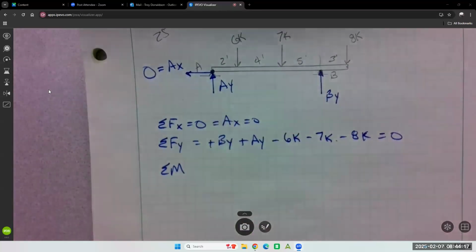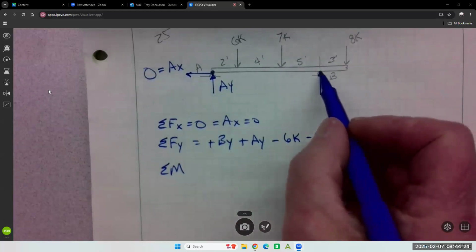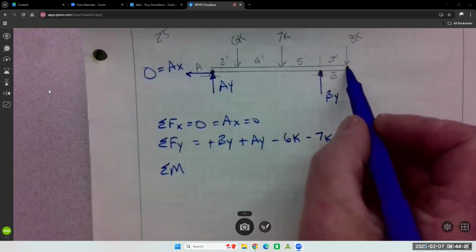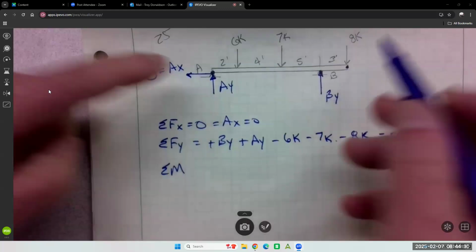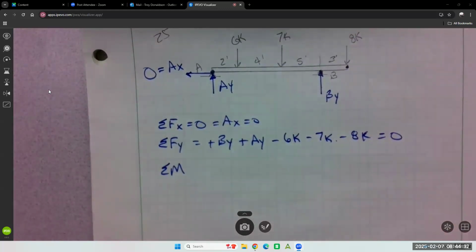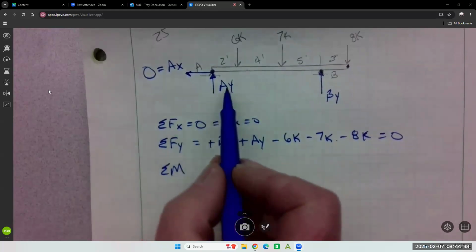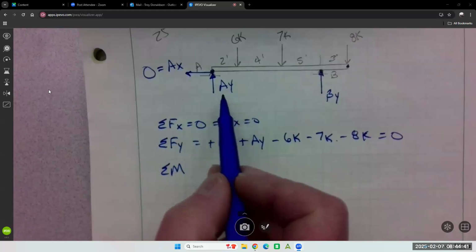So you want to pick the spot where there's the most forces. We could have picked B, but don't pick out here because then these two create moment and they'll both be in the equation and they'll be unknown. So you want to pick a spot that eliminates unknowns. AY will be eliminated from this equation.